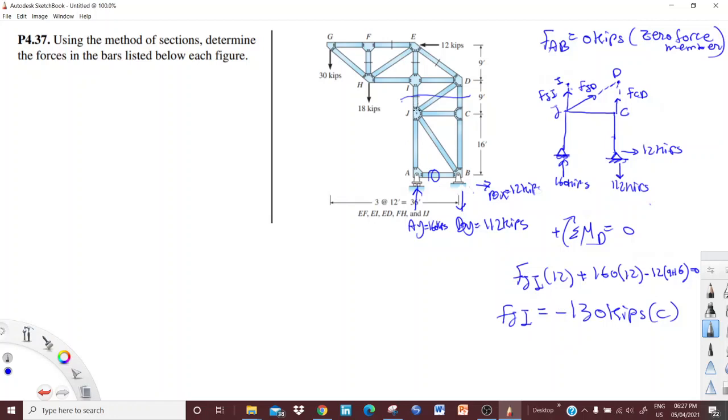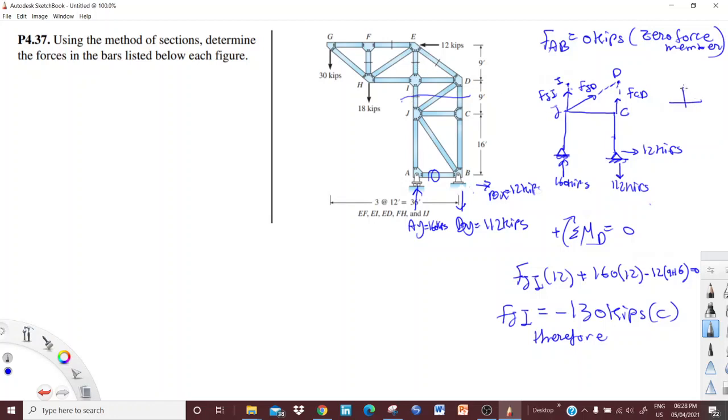Since we have here a pin without any external load on it, this one is going to be equal to this one.